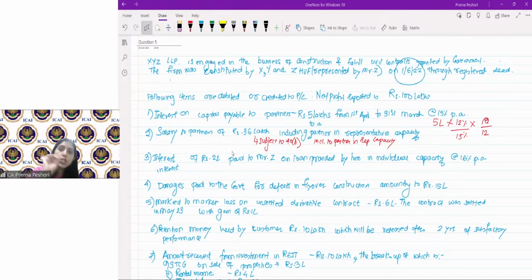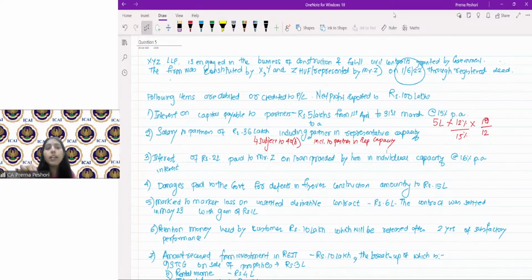So the interest which is being paid is on the loan taken from him, and the interest is not paid because he is a partner. The first point which was there, in that case the interest was paid to him as a partner. Therefore, it was subject to 40B.